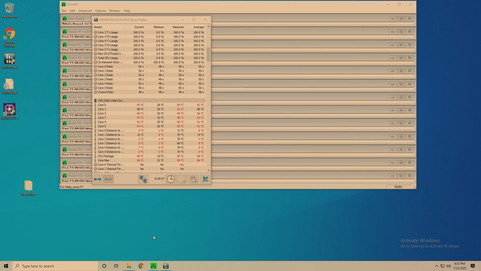So we've got 5 gigahertz and 47 for the uncore or cache ratio. So that's pretty good. That's quite a bit higher than stock for the 10600K. So we think that's a nice overclock. Should provide a substantial performance boost compared to a stock 10600K.